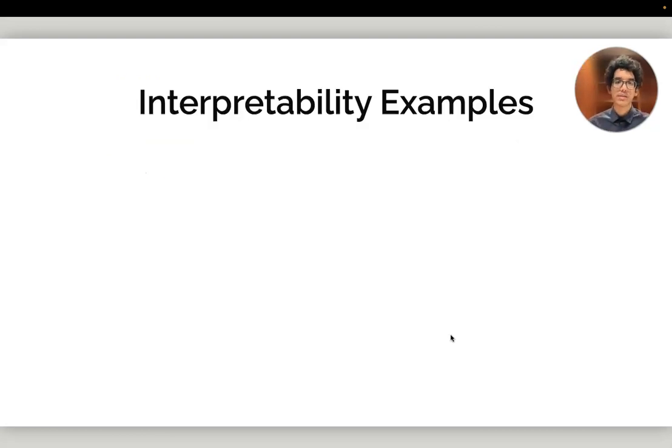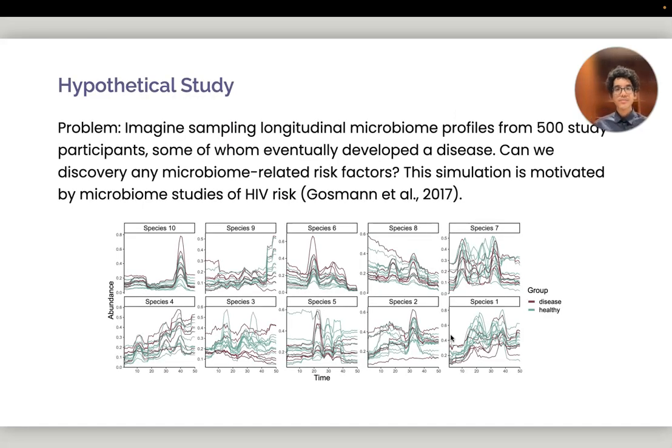Okay, I want to give a couple examples about how interpretability works. So the running simulated data set is this data set that I've made up that's trying to understand how a longitudinal microbiome profiling might work. So the hypothetical study is you've gathered data for people over 2 months. For each of these samples, you have a profile of many different bacteria species.